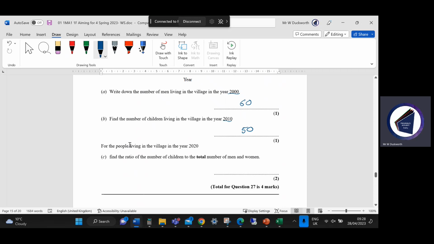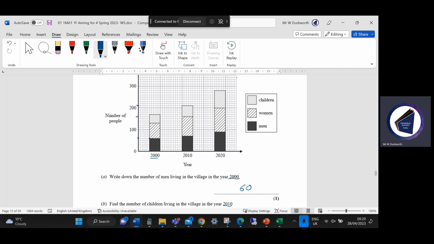And part C, for the people living in the village in 2020, find the ratio of the number of children to the total number of men and women. So we're only looking at this year. So the number of children, so children to the total number of men and women. So men plus women. So for 2020, the number of children, we are looking at what looks like 80.